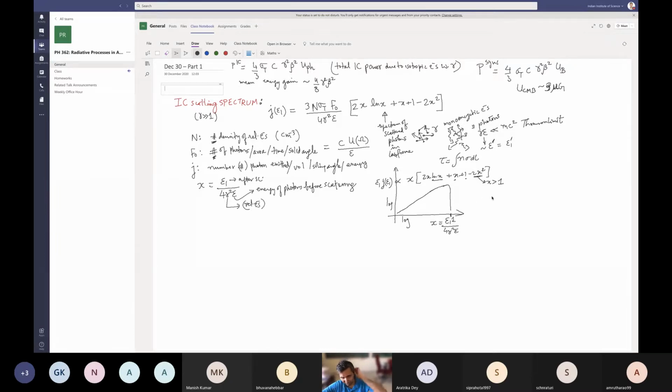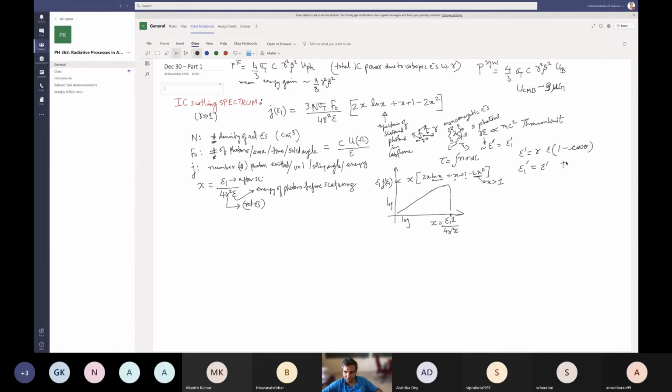This is also consistent with the fact that epsilon prime is equal to gamma epsilon times 1 minus cos theta, and epsilon 1 prime is equal to epsilon prime.